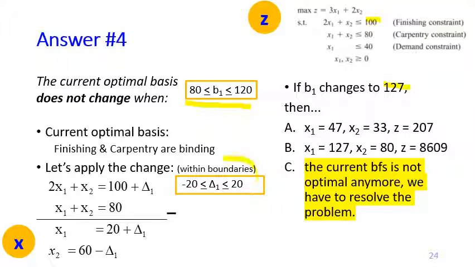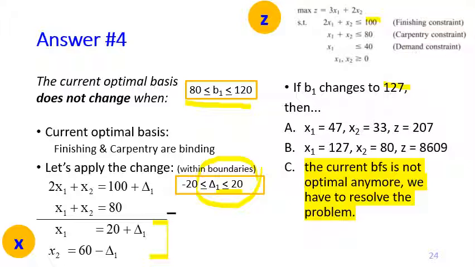So the delta is plus 27, which is outside of this boundary. So we know that the current basis is no longer optimal, which means that we cannot use this calculation here to compute the new values of x1 and x2. Because the current basis is no longer optimal, we need to resolve the problem using the simplex algorithm.